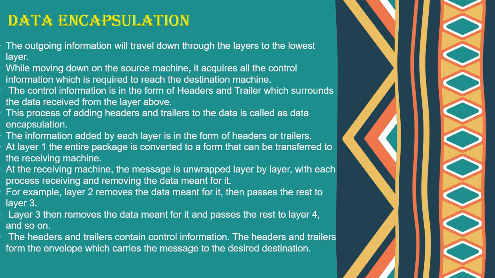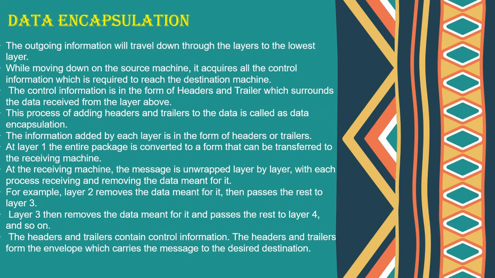The control information is in the form of headers and trailers, which surround the data received from the layer above. This process of adding headers as well as trailers to the data is called data encapsulation.